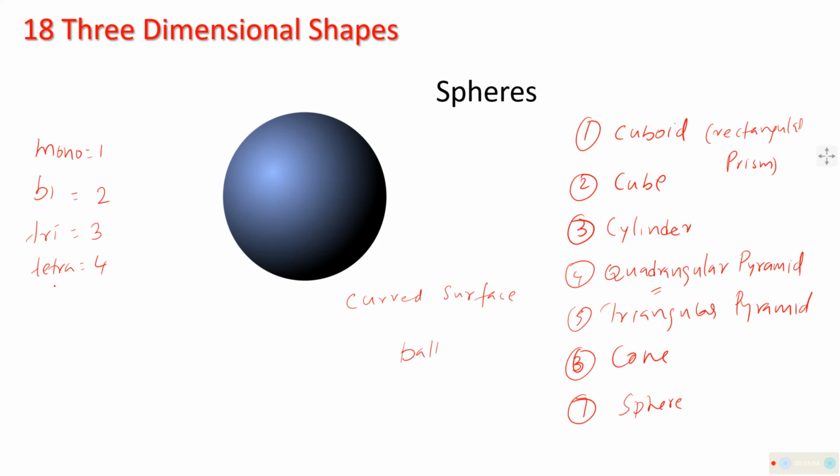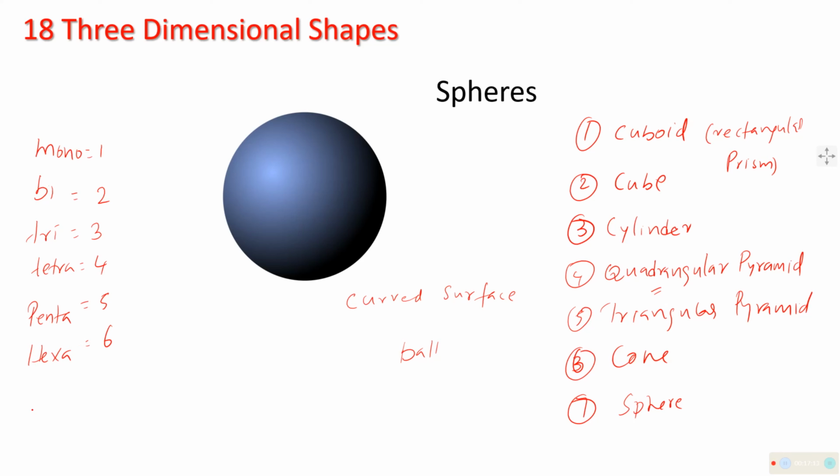Tetra has the meaning four, and here you can see quadrangular. Quad also has a concept like that. Then afterwards 5 will be penta and 6 will be hexa. This much minimum you should be familiar with.